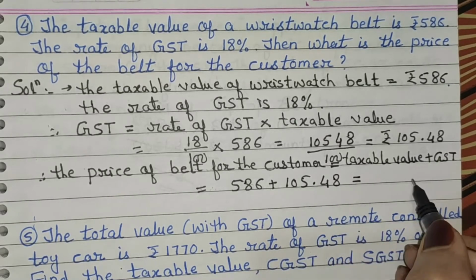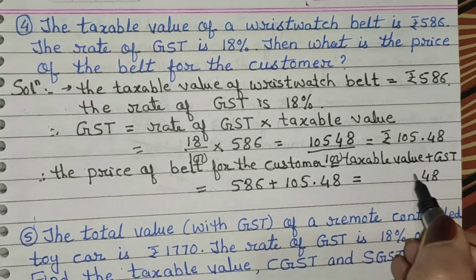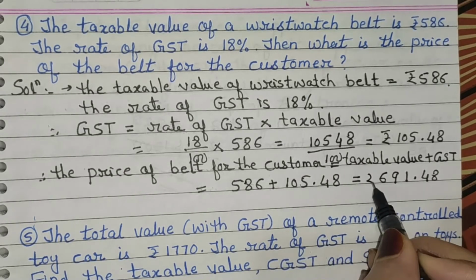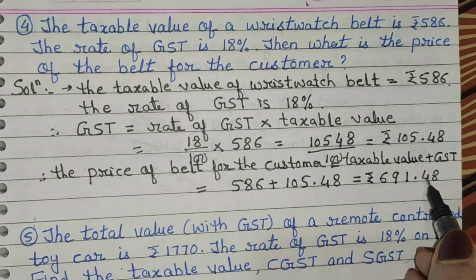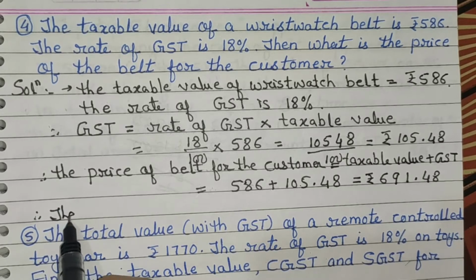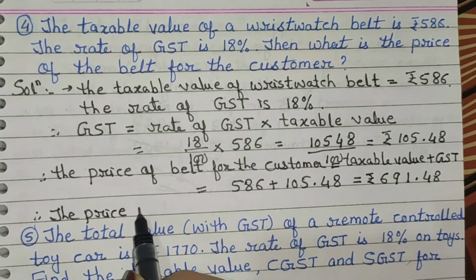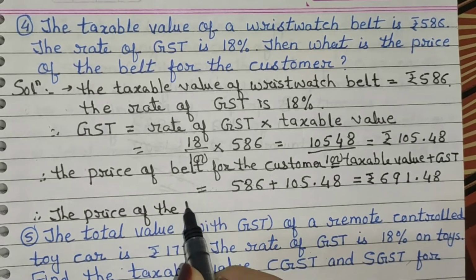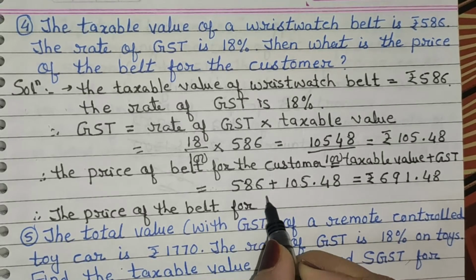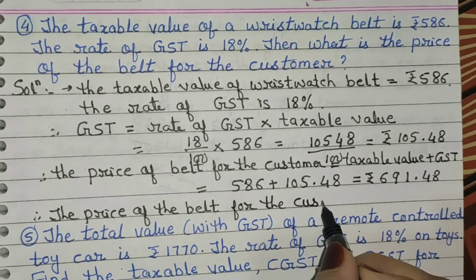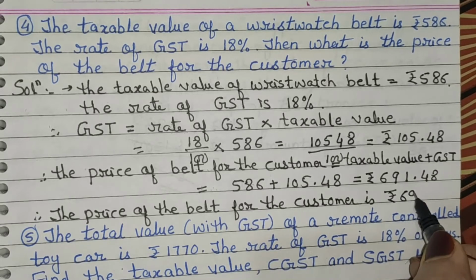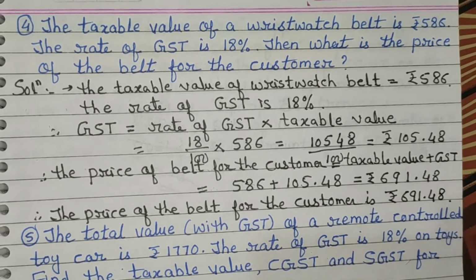Now add these two numbers: 0.48. 5 plus 6, 11, 1 carry 1. 8 plus 1, 9. 5 plus 1, 6. 691.48. Therefore write down the answer here. The price of the belt for the customer is rupees 691.48.